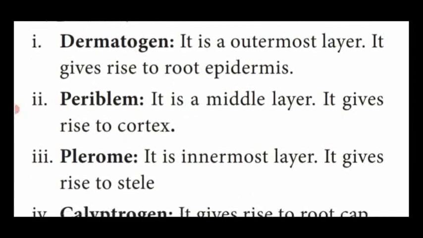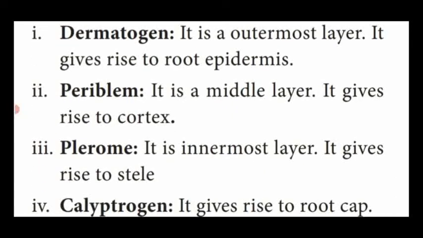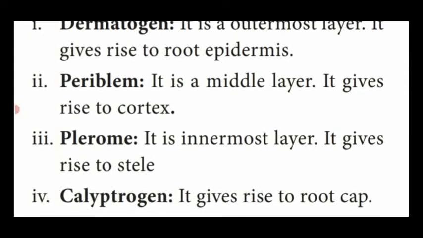First one, dermatogen, like in the shoot, the outermost layer, gives rise to the epidermis. Next one, periblem, the middle layer, gives rise to the cortex. Third one, plerome, the innermost layer, gives rise to the stele. Then the last zone, calyptrogen, gives rise to the root cap.